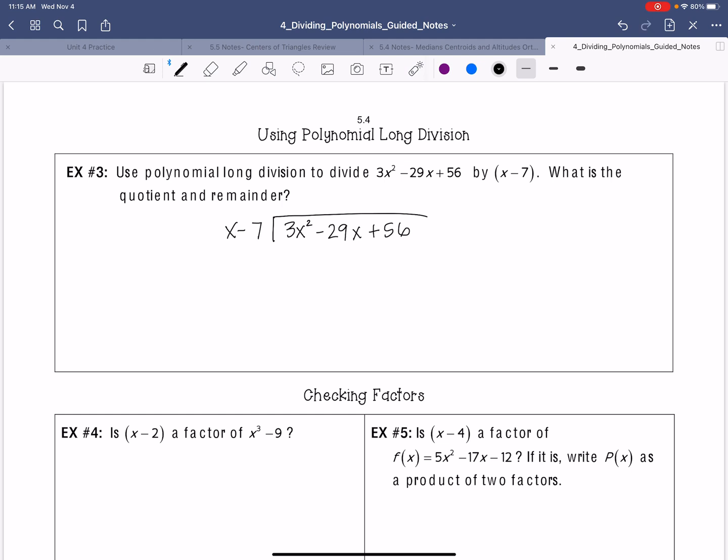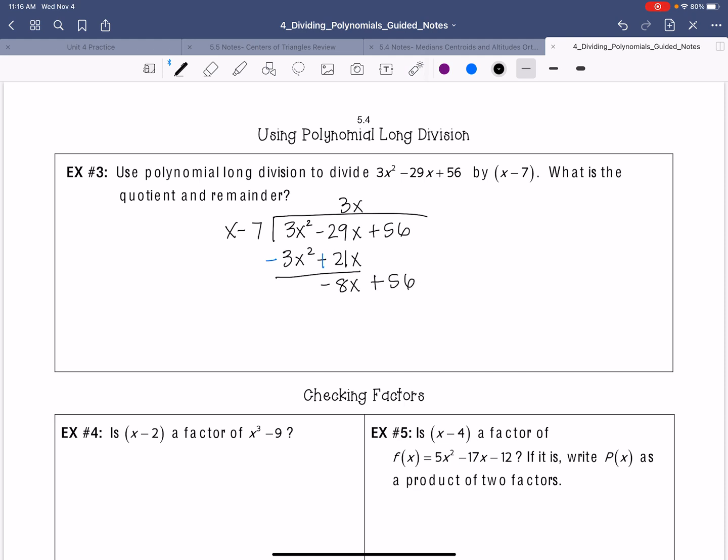All right, there we are. So again, I need this x to look like a 3x squared, so I need a 3x. Multiply it back, so I'm going to get 3x squared minus 21x. Flip your signs, don't forget this step. Then we'll have negative 8x plus 56.